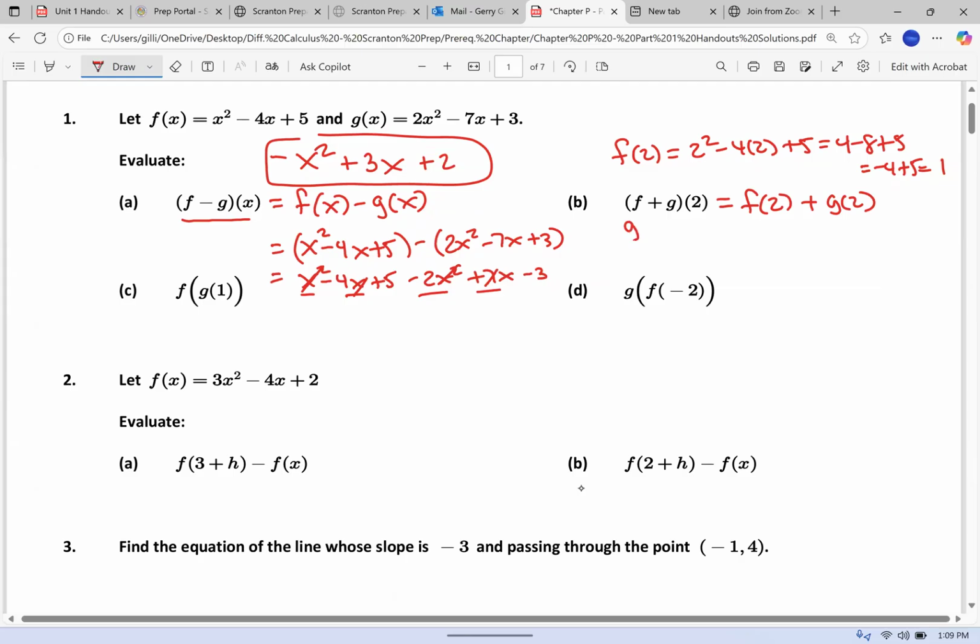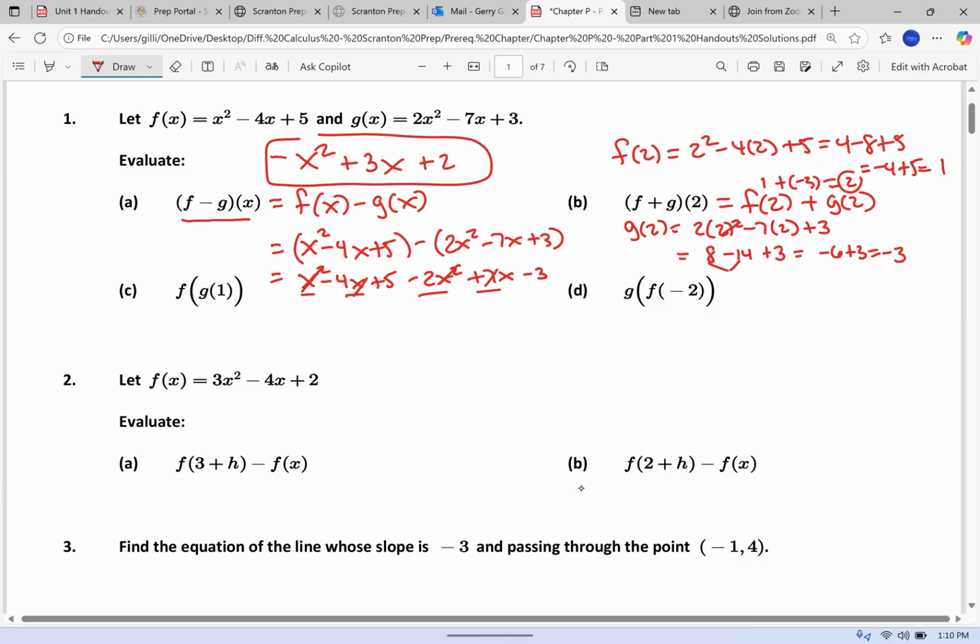And g at 2, I'm trying to save some space here, is 2 times 2 squared minus 7 times 2 plus 3. 2 squared is 4 times 2 is 8 minus 14 plus 3. That's negative 6 plus 3 is negative 3. And then I'm to add these results. So 1 plus a negative 3 is 2.